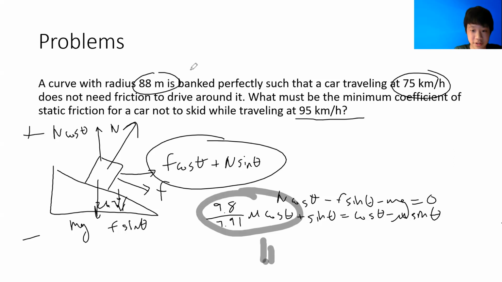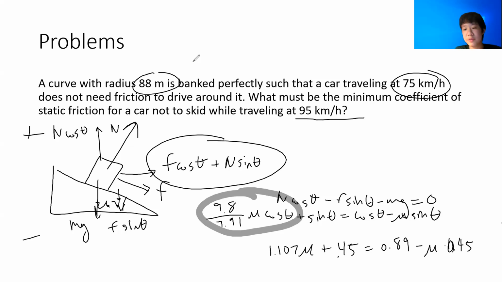1.107. Wait, let me first change my pen. Mu plus what is sine theta? Sine of 26.7, 0.45 equals what's cosine theta? Cosine of 26.7, 0.89 minus what's sine theta? Well, sine theta is 0.45. Mu times 0.45.